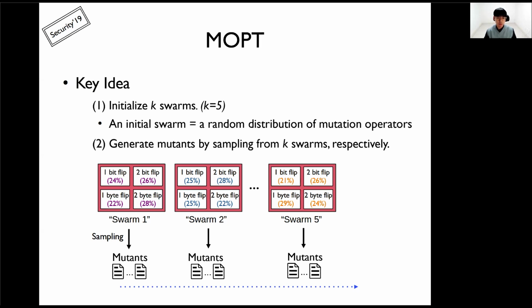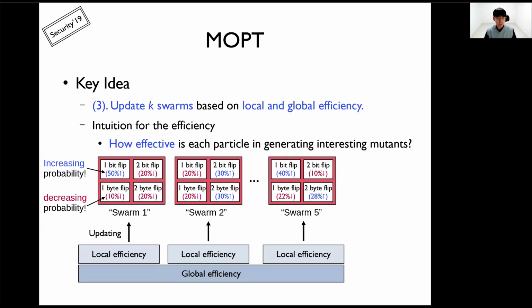And at a high level, with all these generated mutants, this learning algorithm will update each probability of mutation operator in each swarm respectively. More specifically, it updates the K swarms, 5 swarms, based on two kinds of efficiency, which are local and global efficiencies.